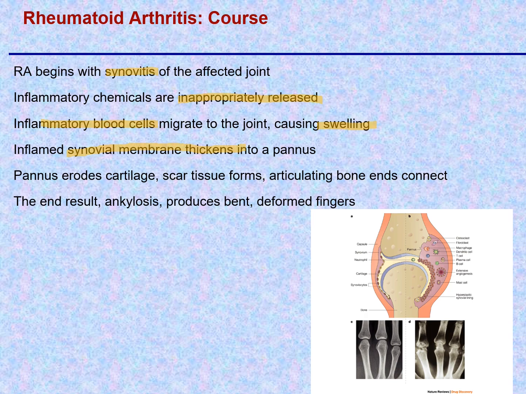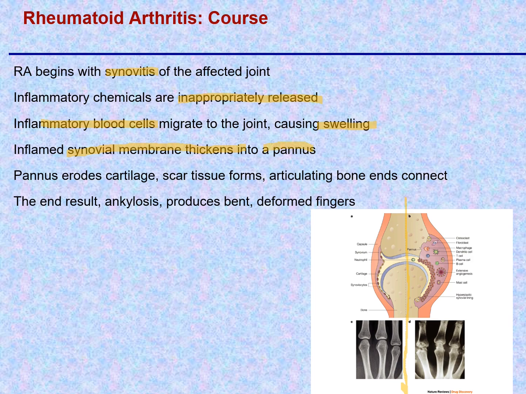This diagram shows on the left side a completely normal joint, and on the right side a rheumatoid arthritic joint. And what you get is that the synovial membrane thickens quite significantly into what's called a pannus.